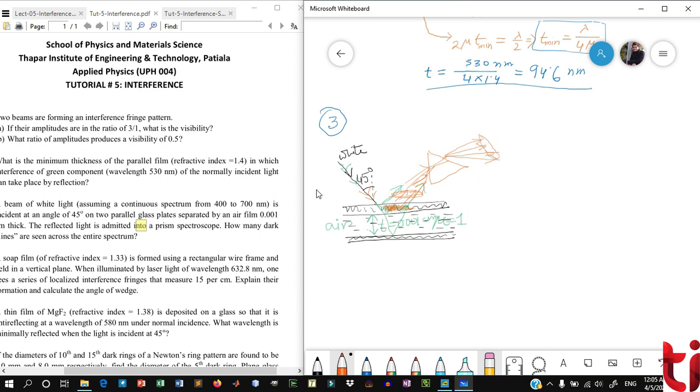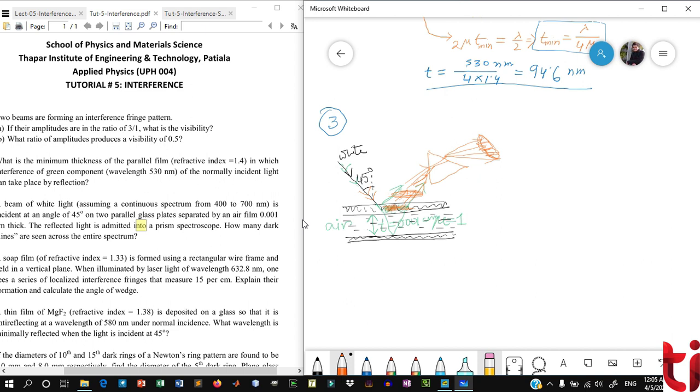If this light is missing some wavelengths, then those missing wavelengths would not be observed here, and they would appear like dark lines here, here, here, all corresponding to different wavelengths. So the question is how many such dark lines will be observed in this region after the light gets dispersed by this prism.